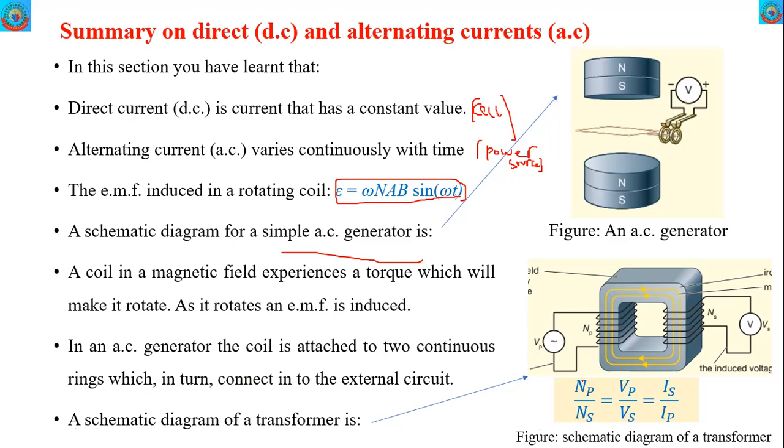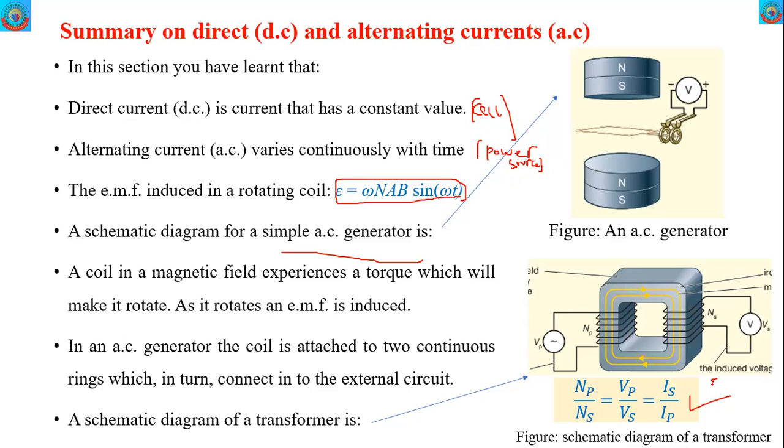Okay, this is a schematic diagram of a transformer. This is a transformer connecting the primary circuit and the secondary circuit, with alternating current, alternating voltage, and constant voltage. Induced e.m.f will be produced in the secondary due to the primary.